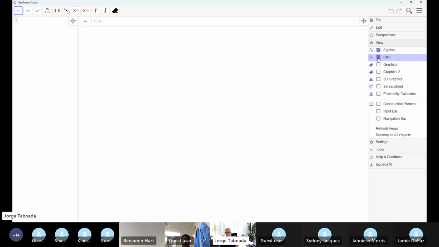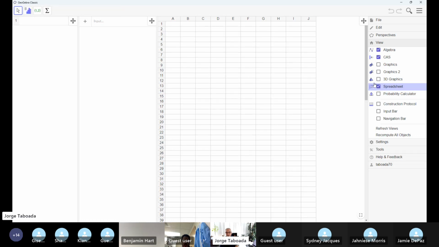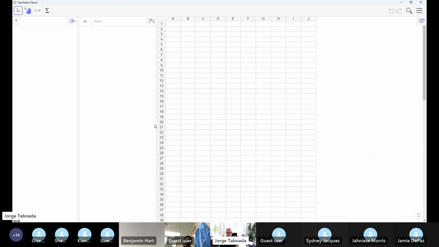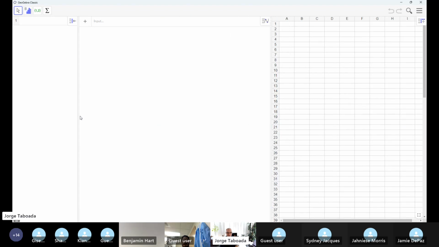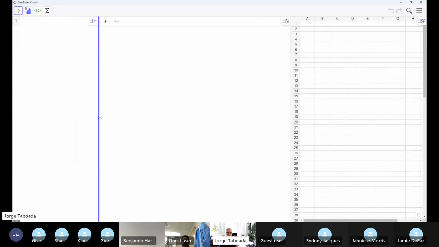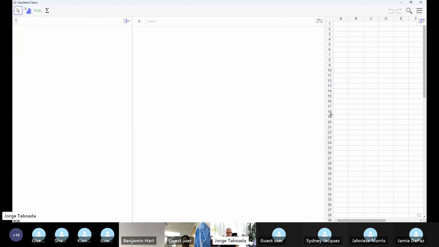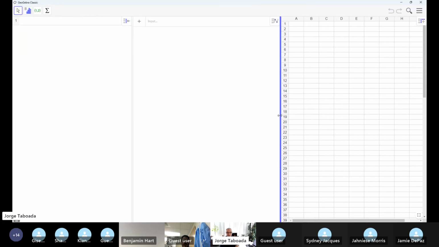You compute everything we studied in this chapter on CAS. And you also open a spreadsheet. The spreadsheet looks like Excel, but it's not as powerful as Excel. But you will use the spreadsheet like a matrix editor.